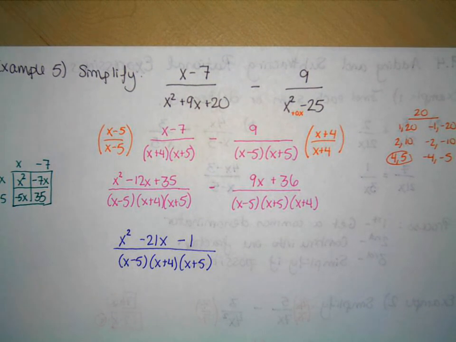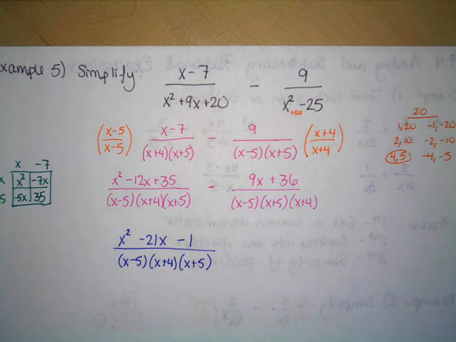And the last thing we want to do is look to see if this can be simplified. Is there a pair of numbers that multiplies to give negative 1 and adds to give negative 21? No. So this is already simplified. This is our answer. X squared minus 21x minus 1 over x minus 5 times x plus 4 times x plus 5.